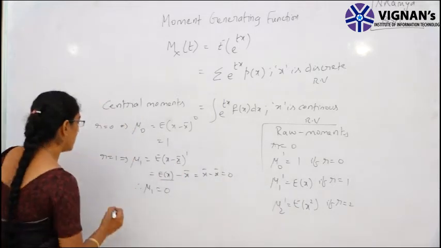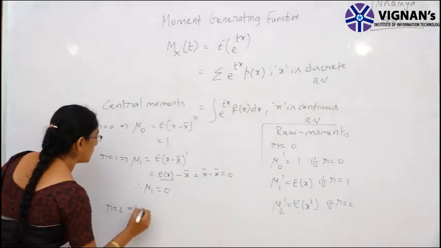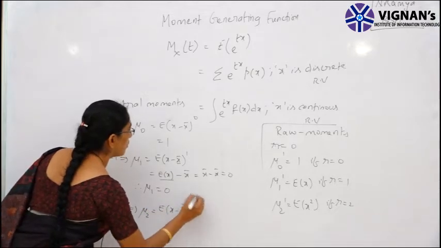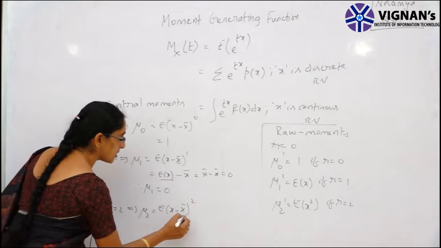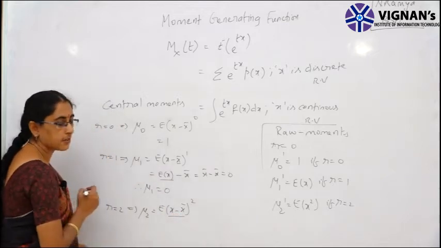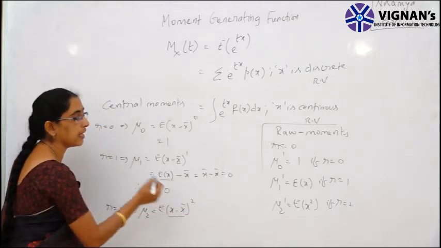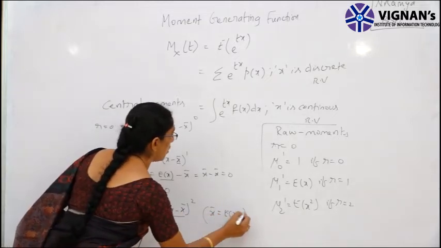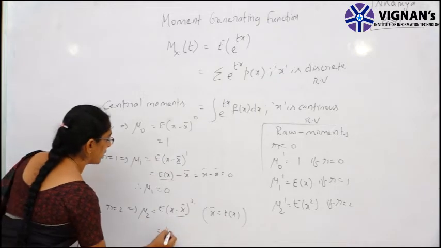Next, if r equal to 2, that means mu 2 is equal to expectation of (x minus x bar) whole square. This is nothing but the formula for variance, because x bar is expectation of x here. So it is variance of x.